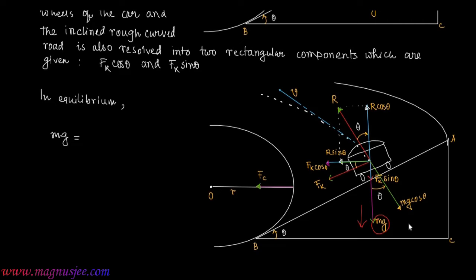Mg is the weight acting vertically downward, and the net force acting in the upward direction is R cos theta minus Fk sin theta.